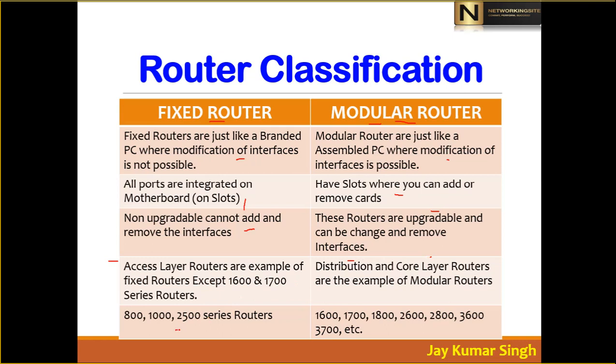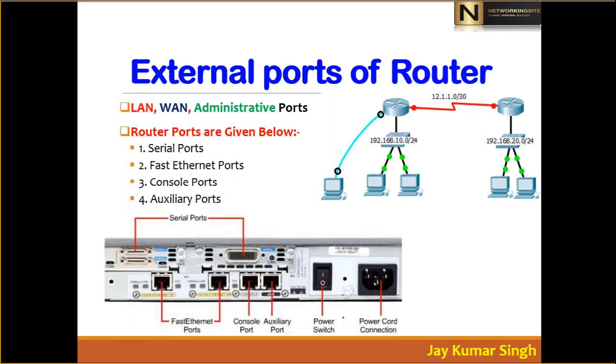The series example is like that. These are fixed routers, these are your modular routers. Now you will say that if we have a router, in the router you will find multiple ports, right? Different types of ports. So what is the use of those ports?